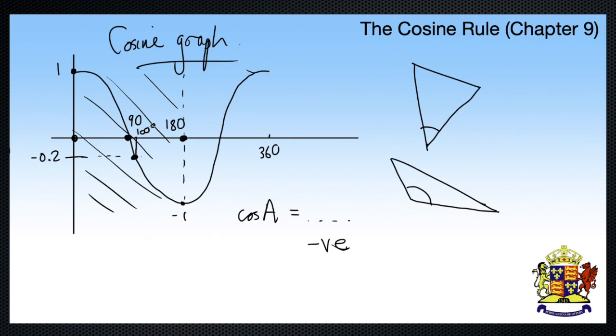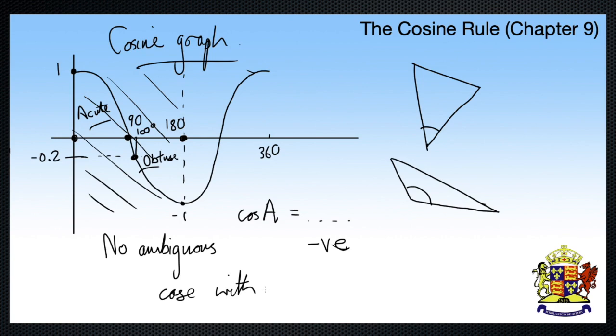Negative will be obtuse. 0 to 90 will be acute. But there isn't a problem like the sine rule. There is no ambiguous case with cosine. Okay, go and practice and have fun.